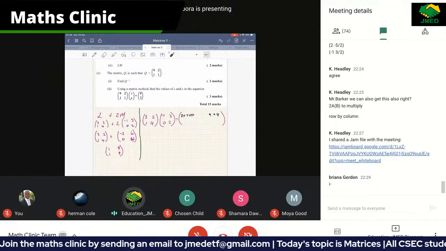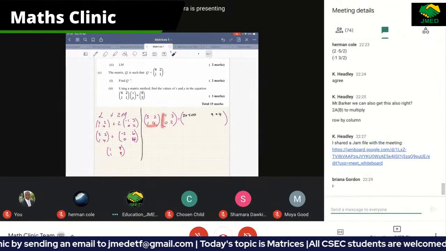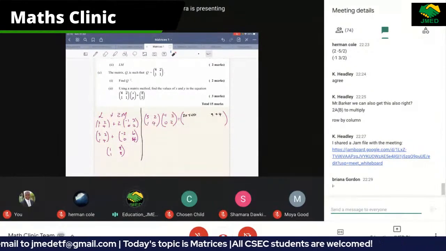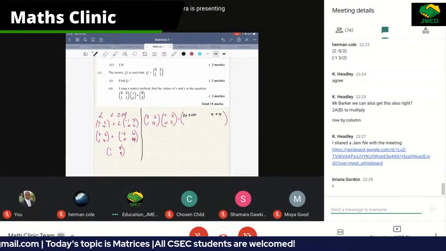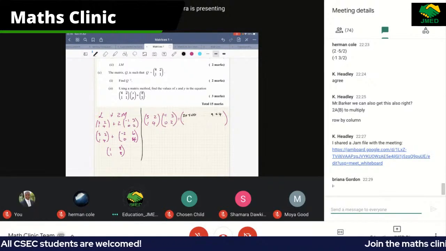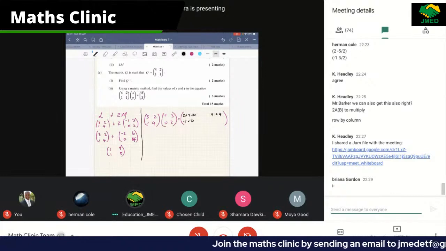Now we are going to do row by column again. 1 times negative 1, which is negative 1, plus 0.